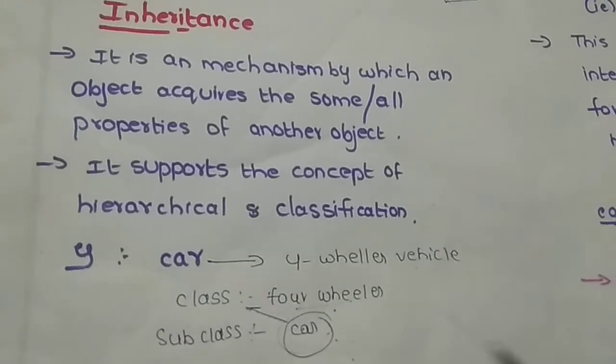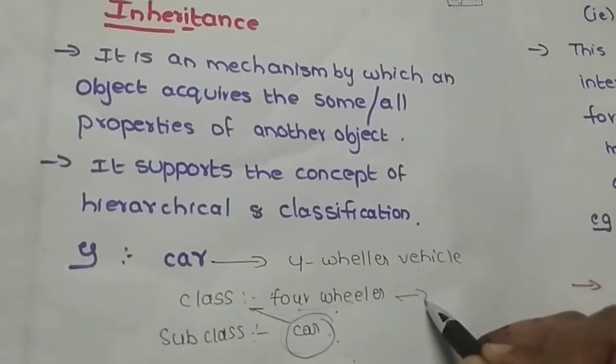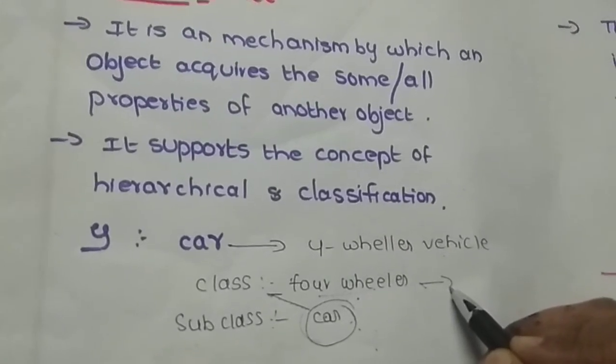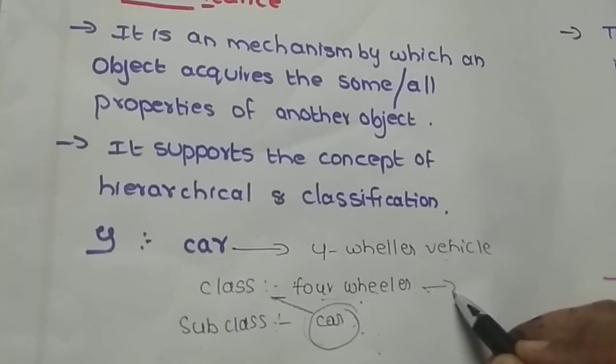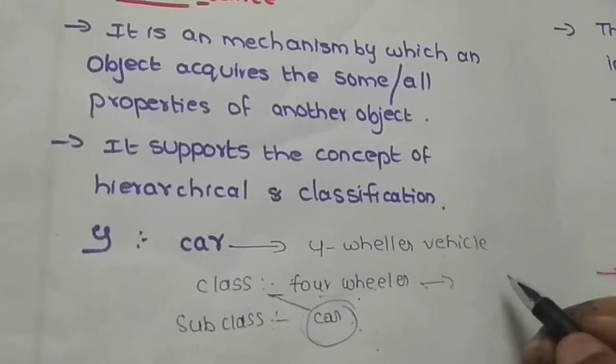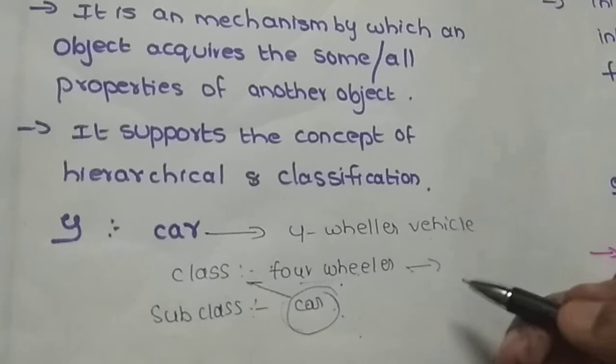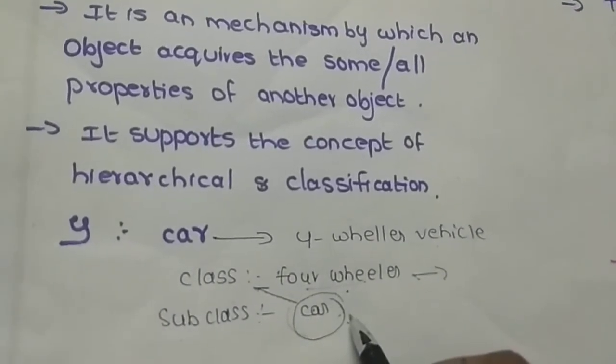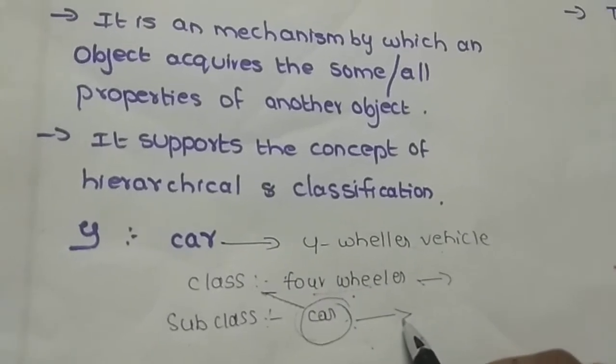What does four-wheeler mean? It defines a class of vehicles that have four wheels and specifies the range of engine, power, load carrying capacity, etc. It also has those properties. But here the car is a subclass. We have already discussed that.